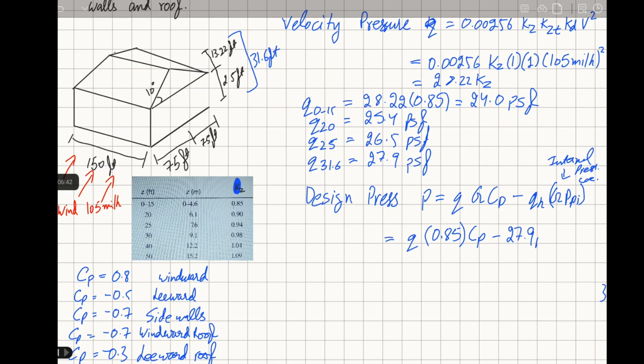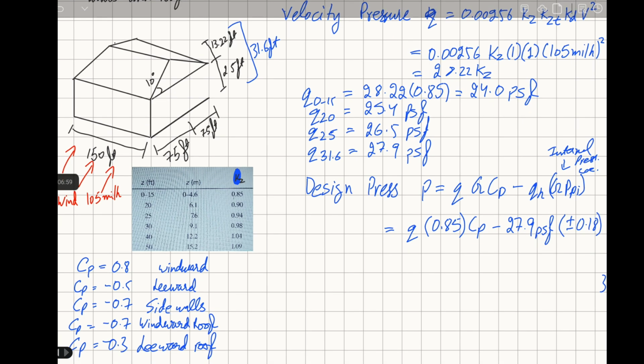It's 27.9 pounds per square foot. And our internal pressure coefficient for this particular building will be plus or minus 0.18. Now this value can be found from the ASCE publication. Now let's simplify this. That looks nice. And it's 5.03.